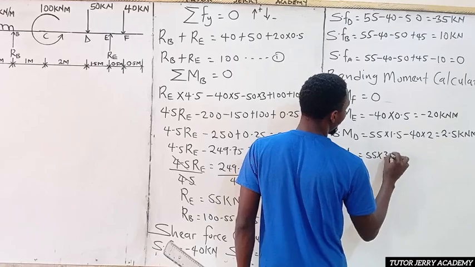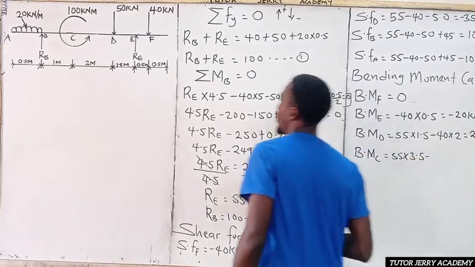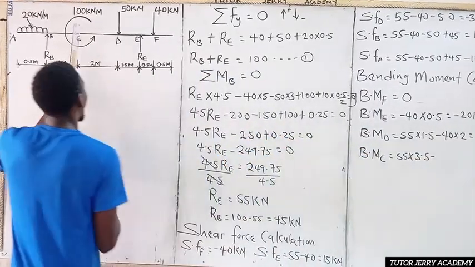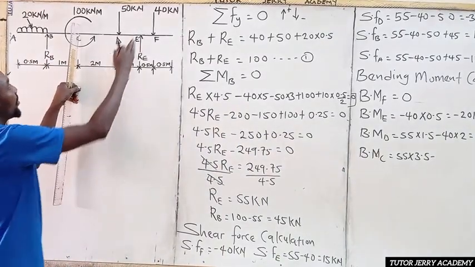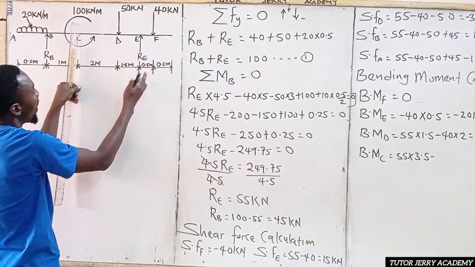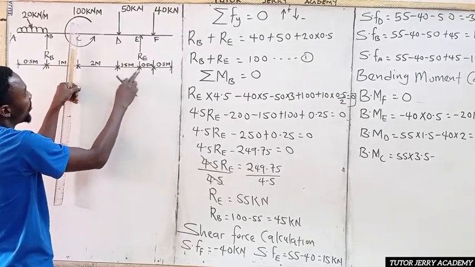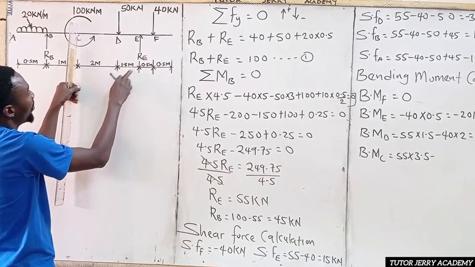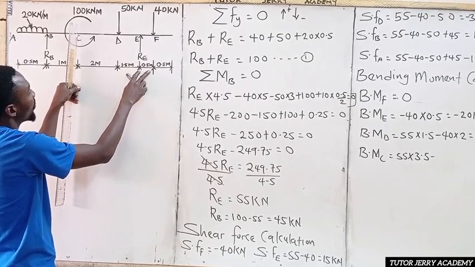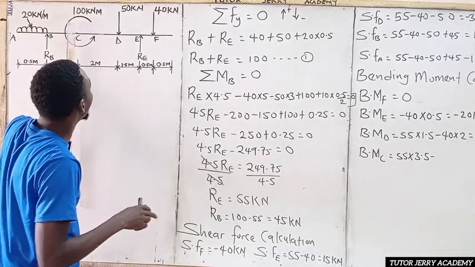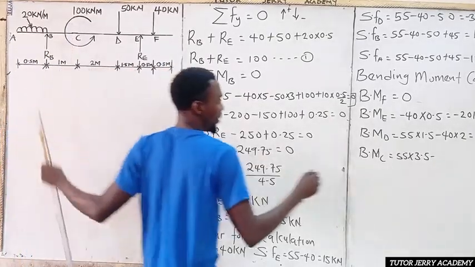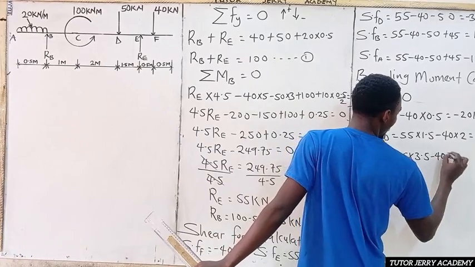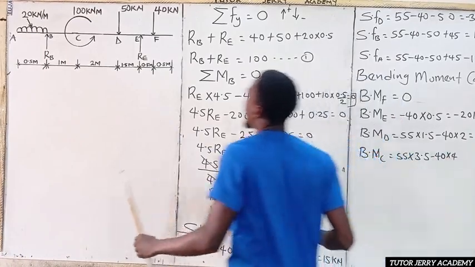Then minus 40 multiplied by the total distance, which is 3.5 plus this, so 4. So minus 40 multiplied by 4.